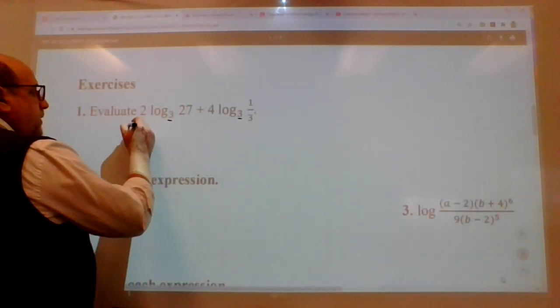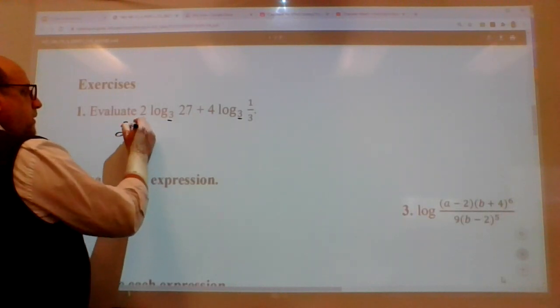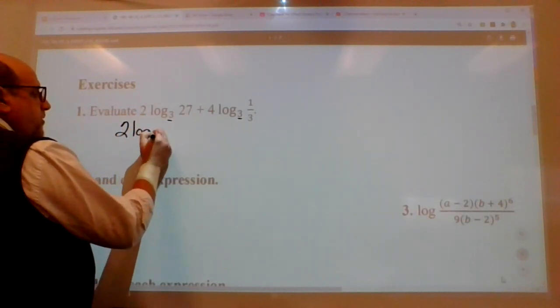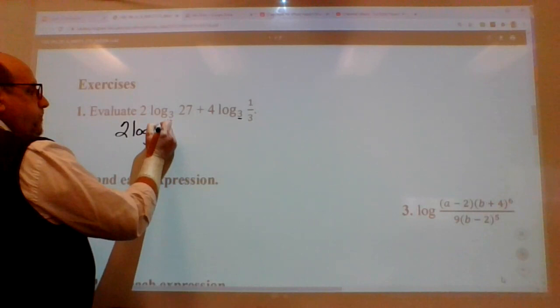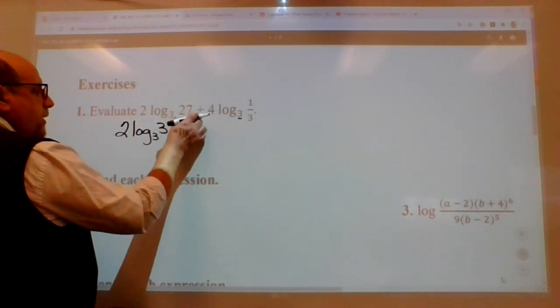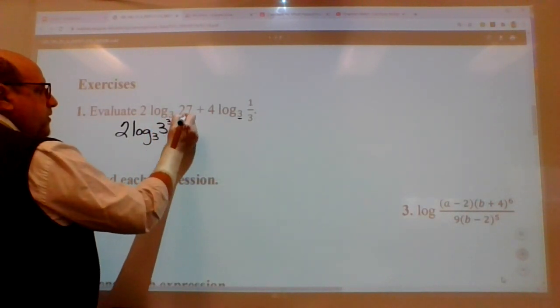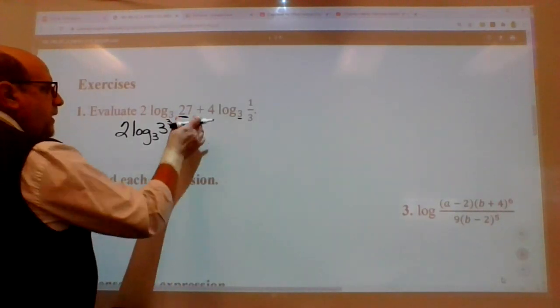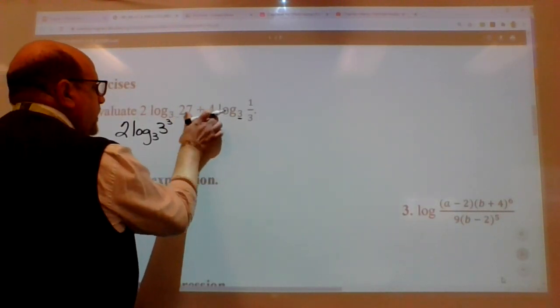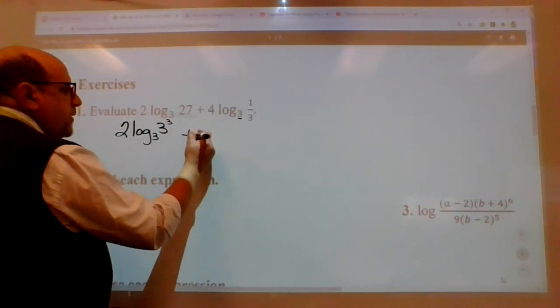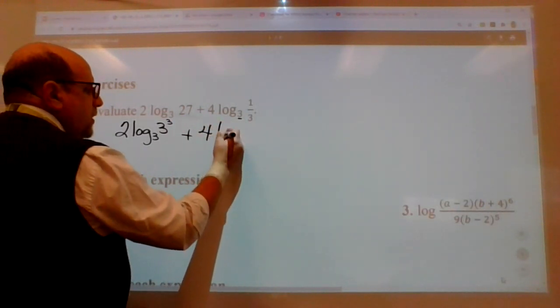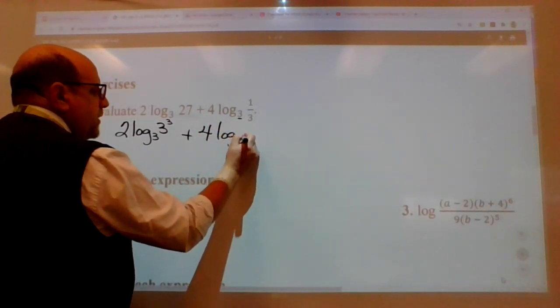So I'm going to rewrite 2 log base 3 of 3 cubed, because this is 3 cubed. And then we're going to add to it 4 log base 3.